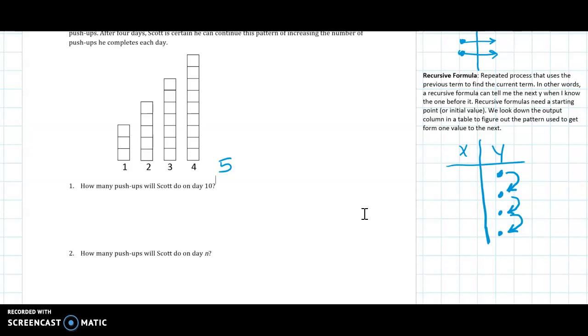Next, consider how many push-ups Scott will do on day N. This means, if I know the day, can I determine how many push-ups Scott will do?